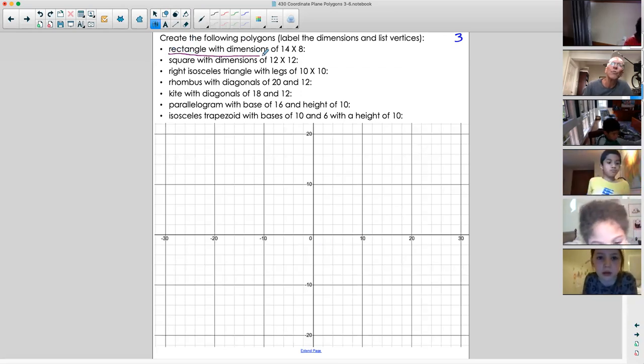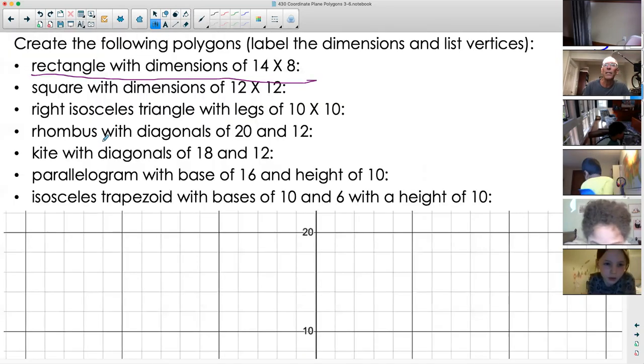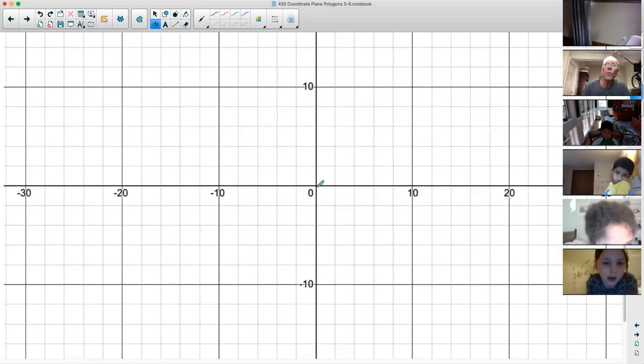The first instruction says to create a rectangle with dimensions of 14 by 8. But there's a little bit of a problem, guys. The problem is that if you look at 0, is this going up by 1s? Or are each of them going up by something else?